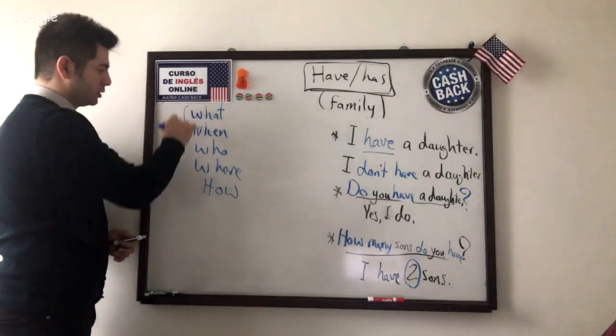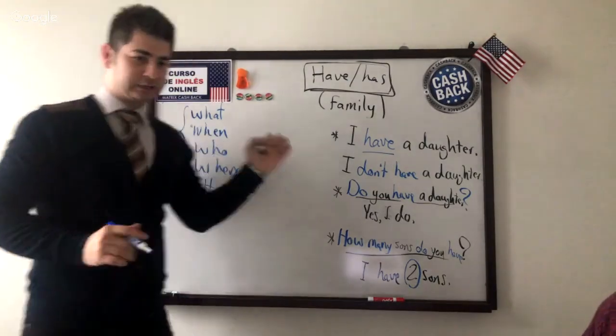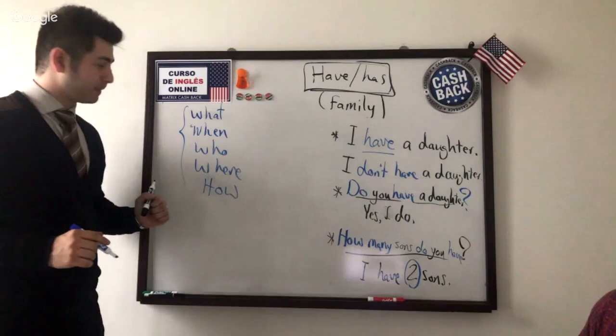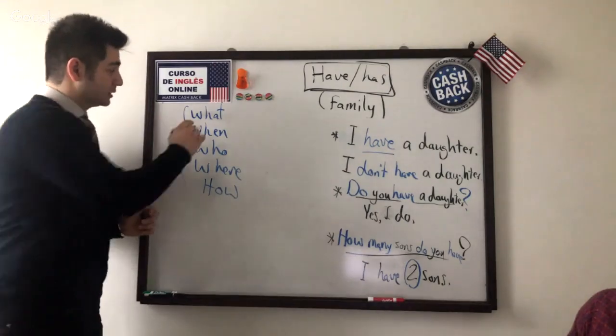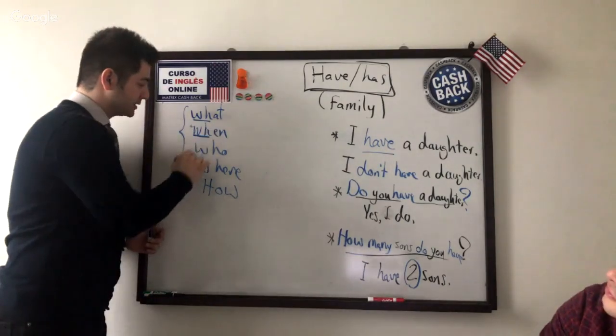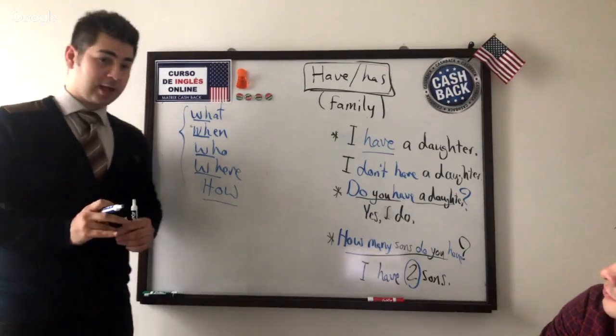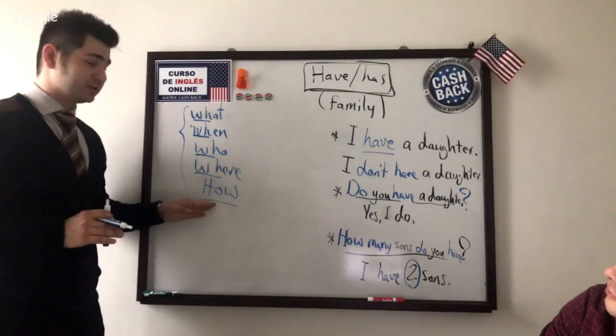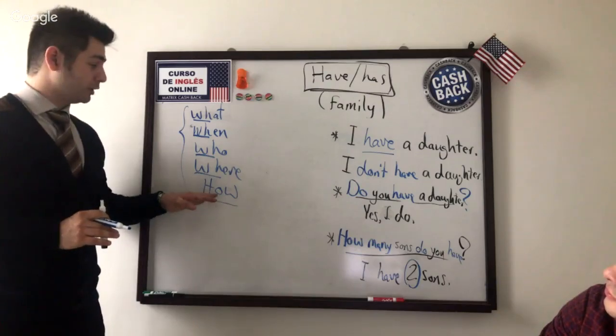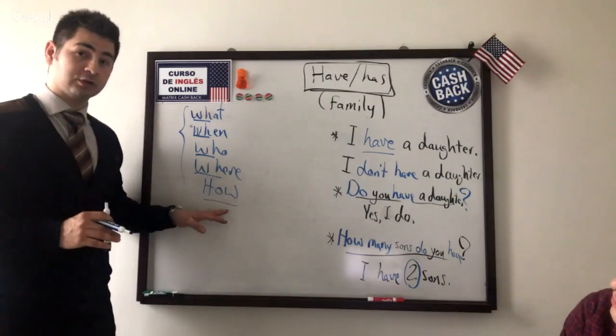So these are called in English WH words. Why? Because all of them except how begin with W and H. This is the only exception, considered a WH word.